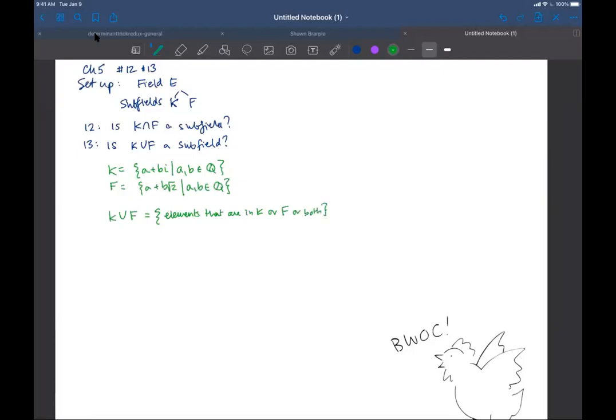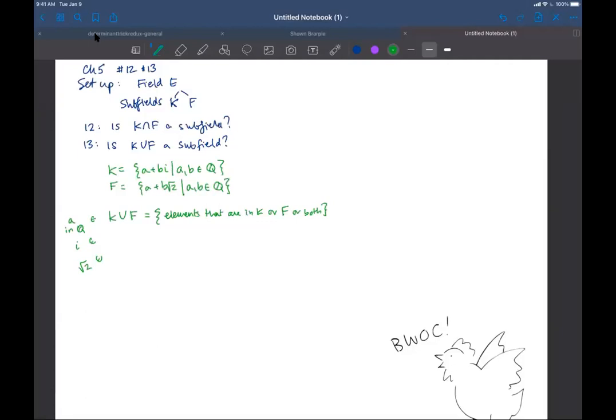And so let's notice a couple things that are in there. Rational numbers are going to be in there, so a in Q is going to be in there. If I look at i, well, that's in K, so that's in there. And if I look at square root of 2, that's in F, so that's in there.